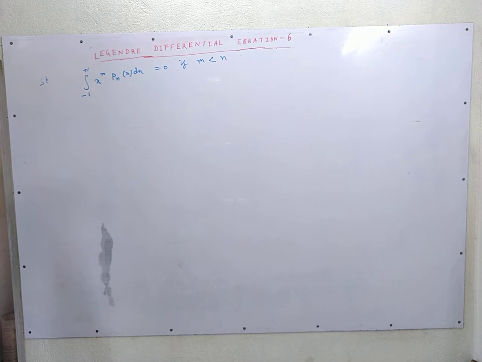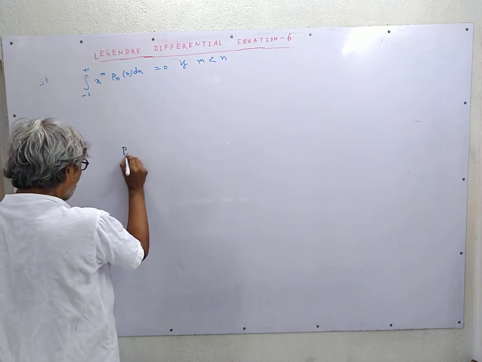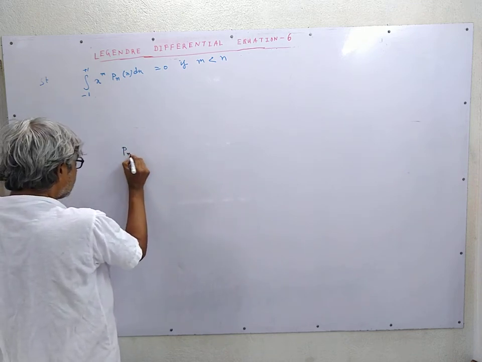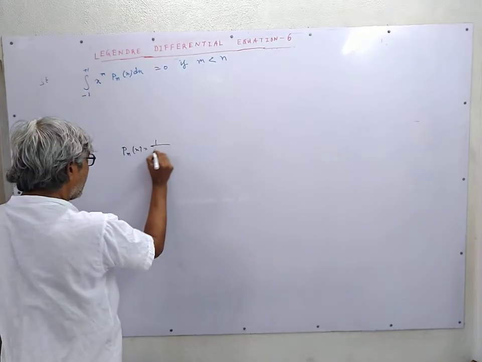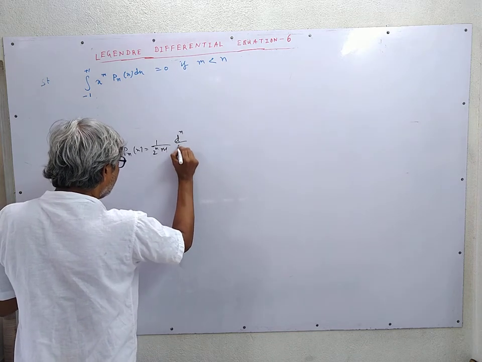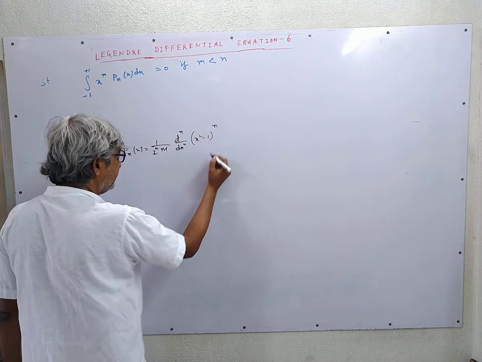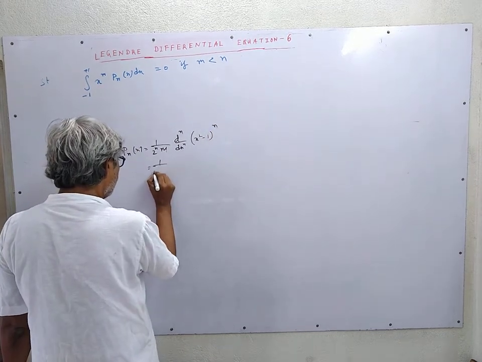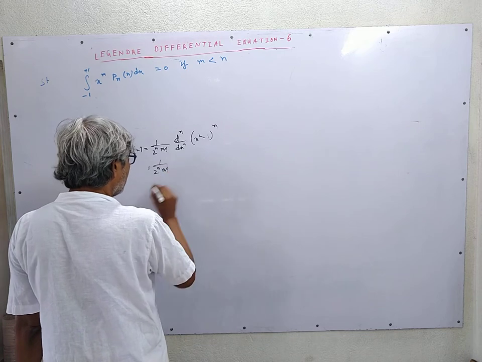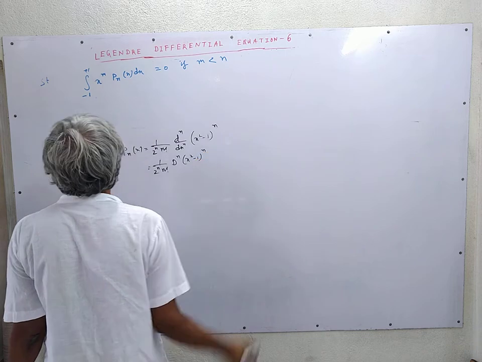Recall Rodrigues' formula. Rodrigues' formula for Legendre polynomial is this: Pn of x is equal to 1 upon 2 to the power n factorial d^n/dx^n of (x square minus 1) to the power n.